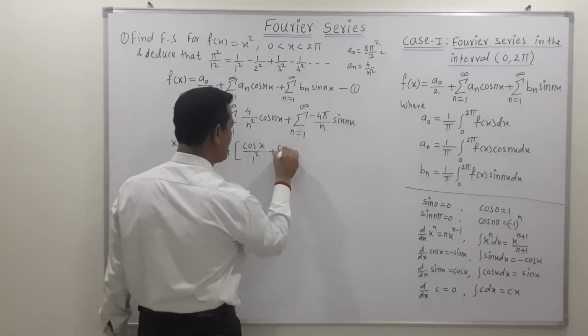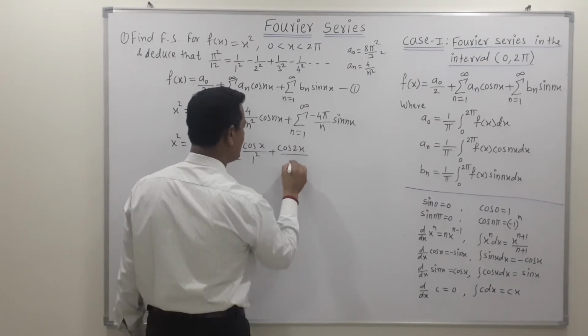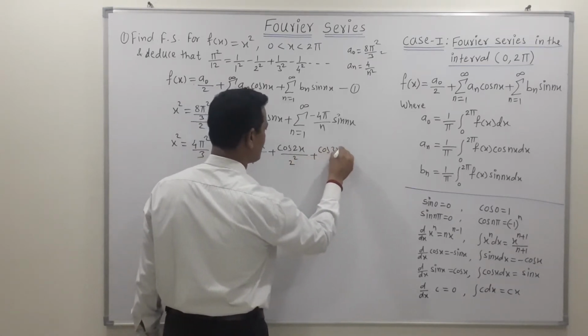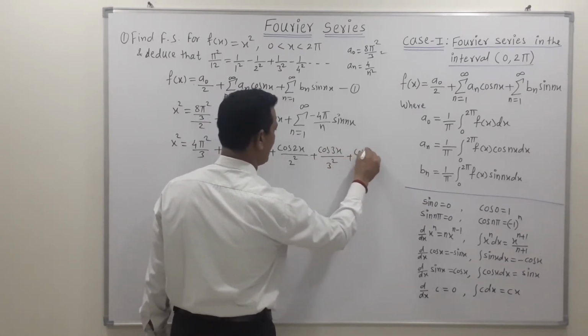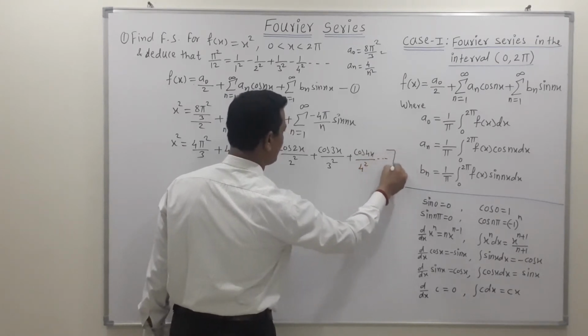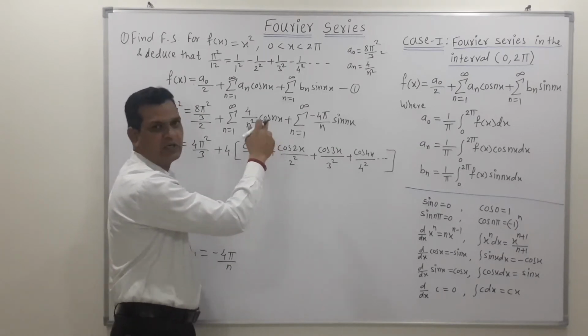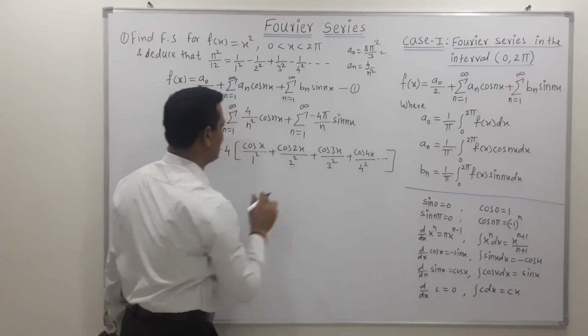Put n is equal to 2, we get cos of 2x upon 2 square, plus the next term is cos of 3x upon 3 square, plus cos of 4x upon 4 square and so on. That means in this summation sign we put particular values for n, so we get such type of expansion.